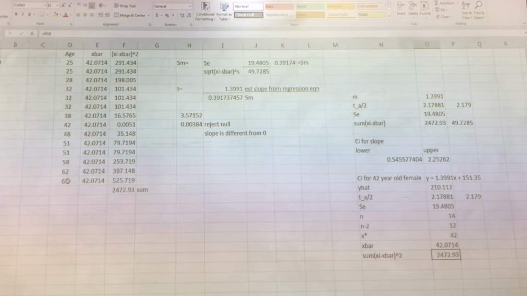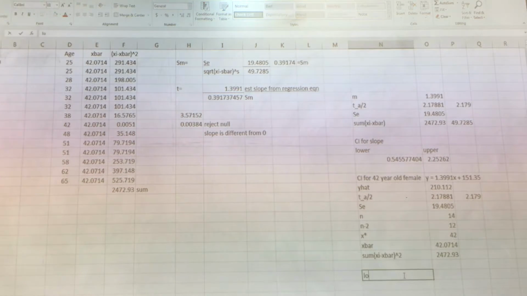All right, so we're going to plug this in. We're going to do the same thing. I'm going to do my lower, and I'm going to do my upper.